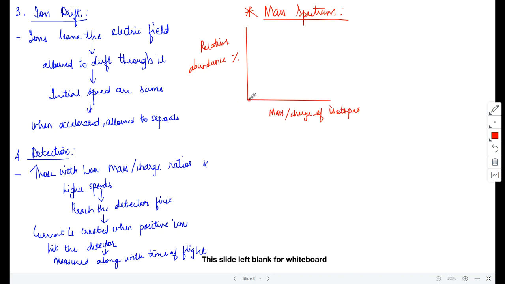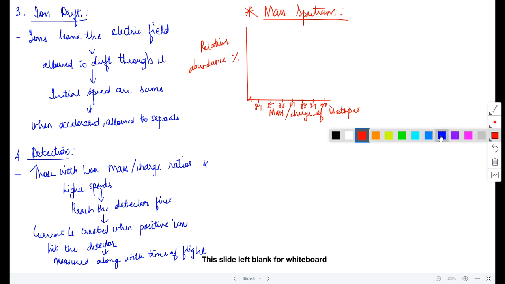Now I'll put the values over here. Let's start from 84, 85, 86, 87, 88, 89, and 90. This is just my assumption, okay? So possibly this might look like this.